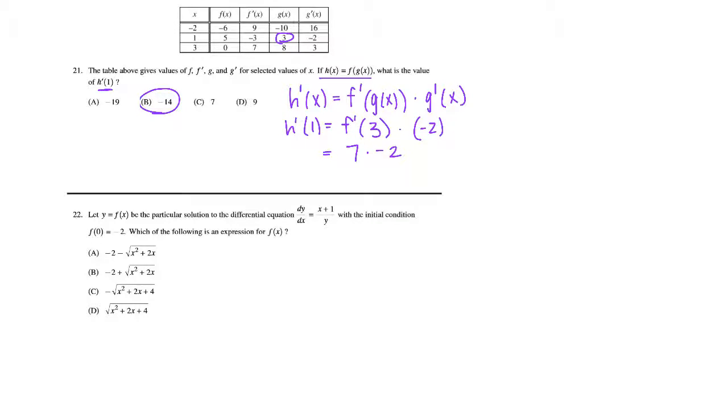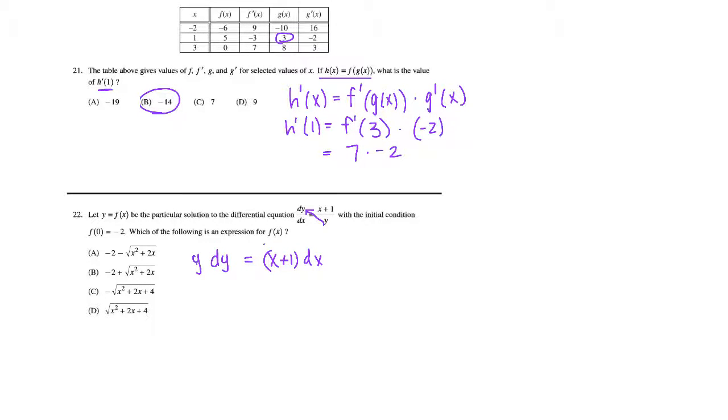Right, and 22, it looks like we're going to have to solve our differential equation. So this is where we would need to separate and integrate and then add c and find c. We have dy, and we would multiply our y over. So we have y dy equals x plus 1 dx.